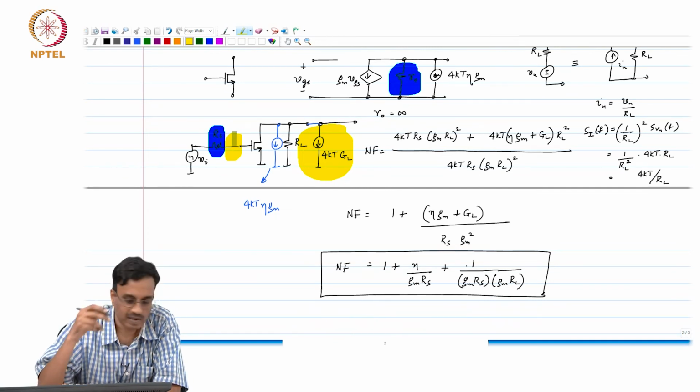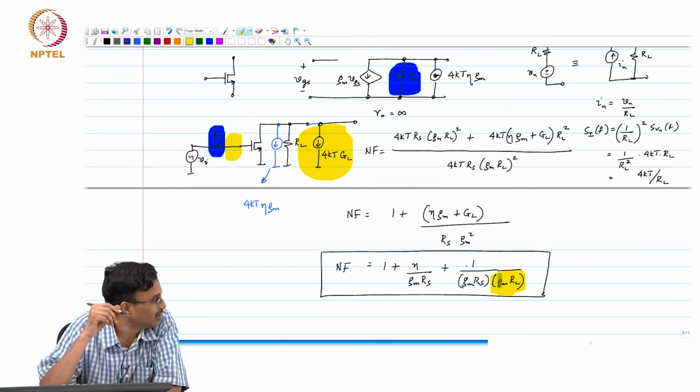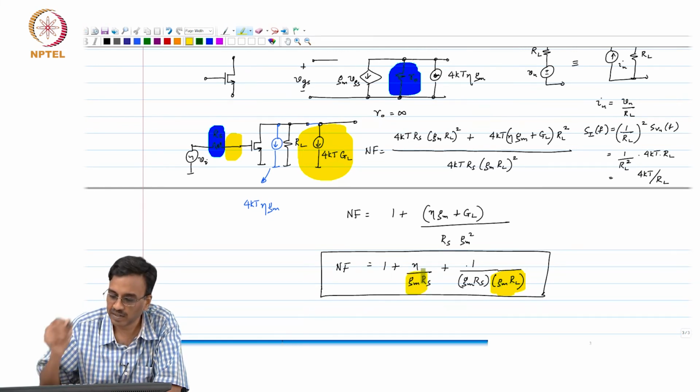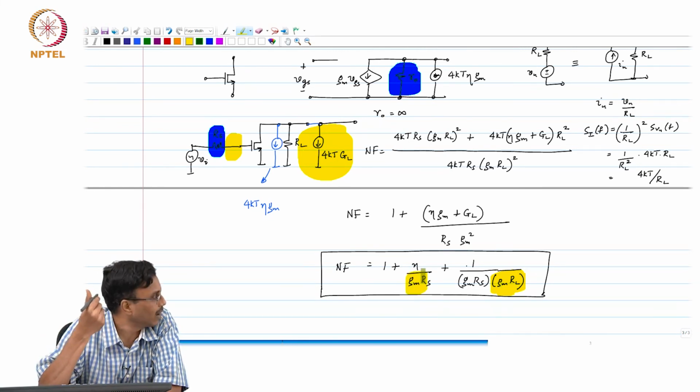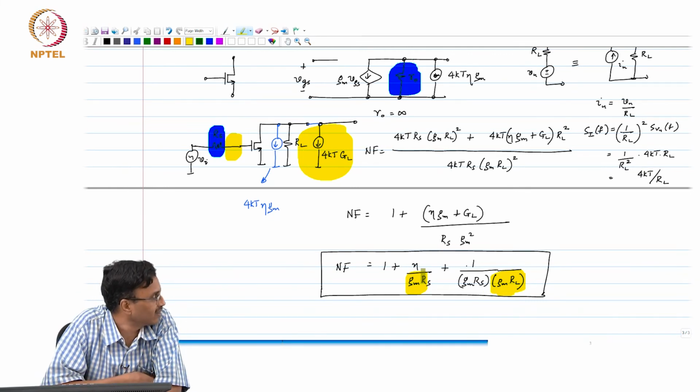So, you can see that the noise added by the resistor RL is a lot less important than the noise added by the transistor, because if you choose a large gain, Gm RL is a large number. Basically, the noise current added by the load resistor is much smaller than the noise current added by the transistor itself.